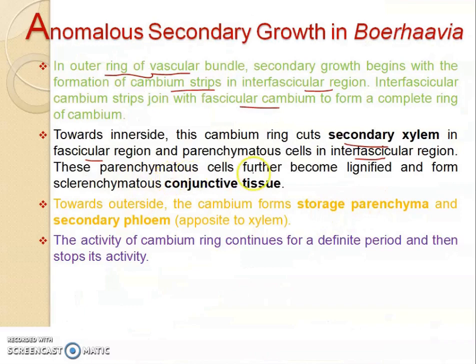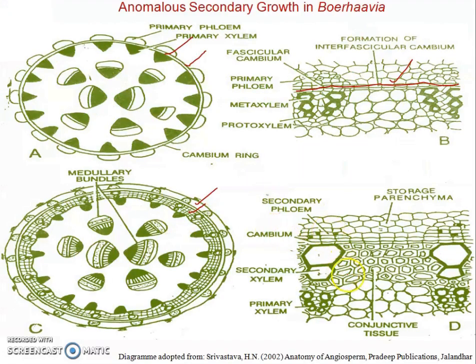These parenchymatous cells further become lignified and form the conjunctive tissue. So these are the parenchymatous cells which lignified to form the conjunctive tissue. This is the hard tissue which is lignified.